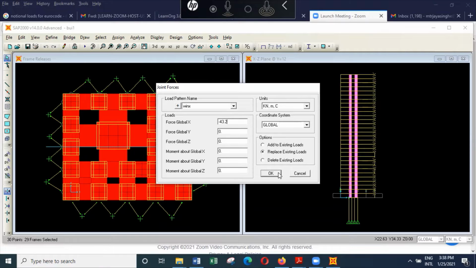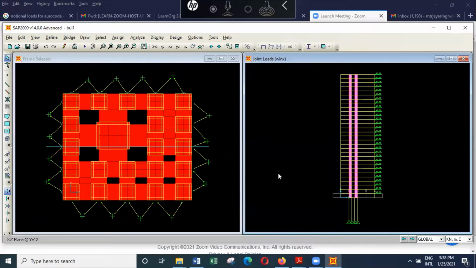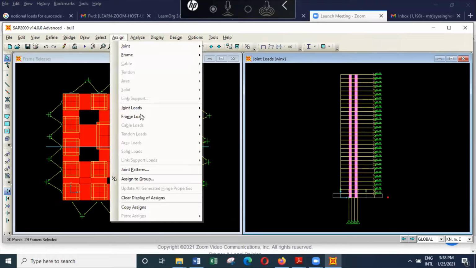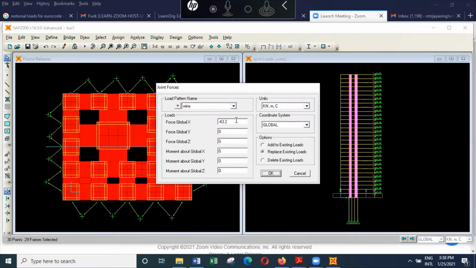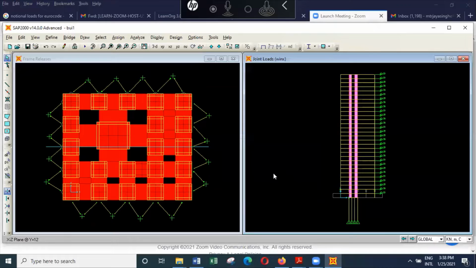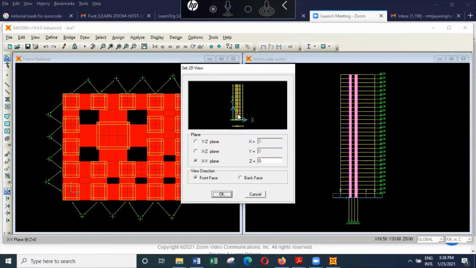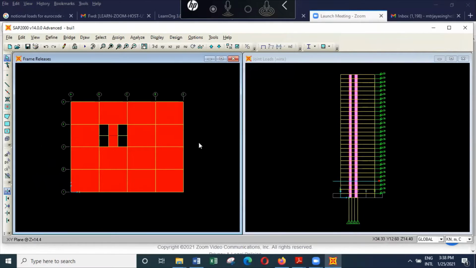Then you will ask, is it okay to apply? I think I have applied it in the wrong direction. Assign frame joint loads forces, that is 43.2. Then you'll ask whether it's okay to assign the wind loads like a point load.